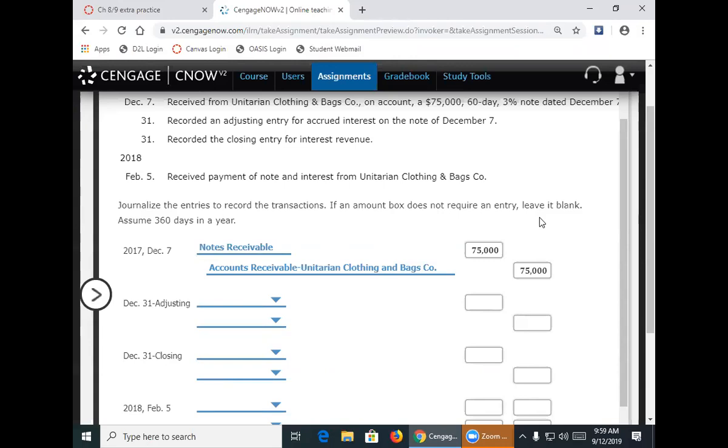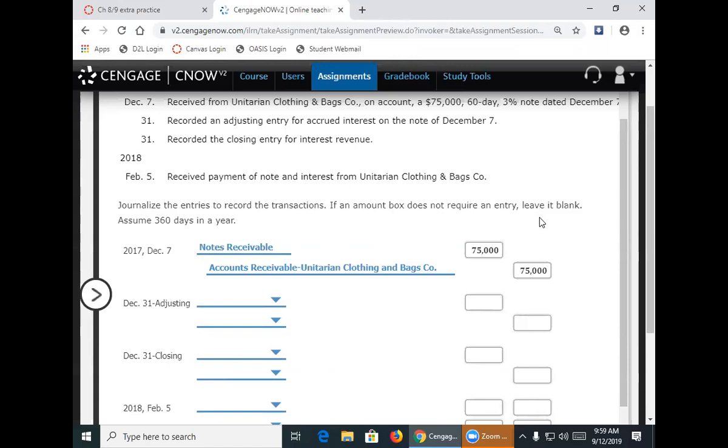Down here on February 5th is when they're going to pay us the full maturity value, so the principal plus the total 60 days of interest. But in this year, 2017, we have earned interest that we haven't recognized yet. The revenue recognition principle states any revenues that have been earned, whether we've received them or not, must be recognized in the period. So what I need to do is calculate how many days of interest.